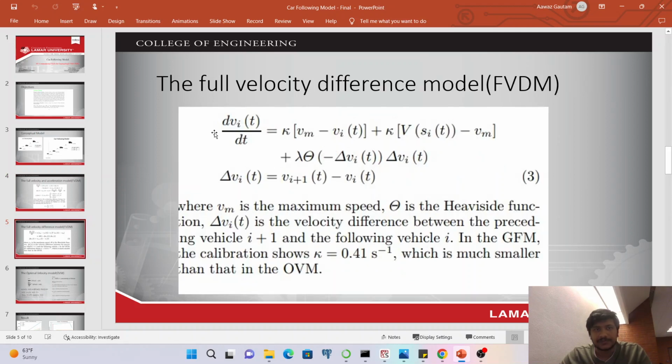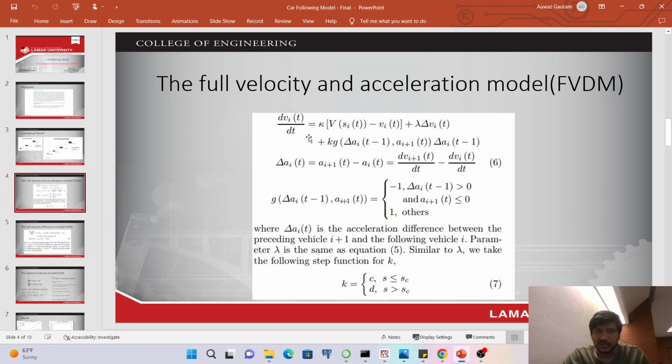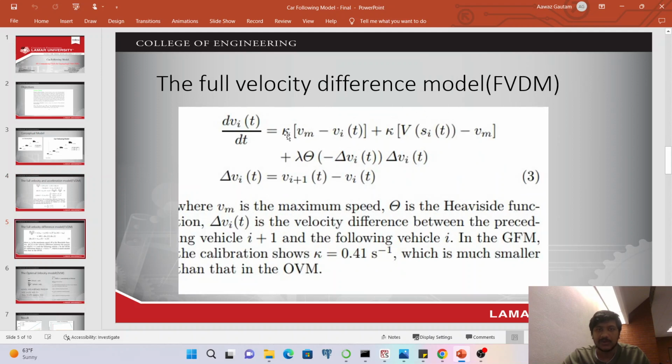Then this is another equation, the previous car following model equation, where Vm is maximum speed and theta is the Heaviside function. For negative we consider 0, and for positive we consider 1. The preceding vehicle is i plus 1, and the following vehicle is i.